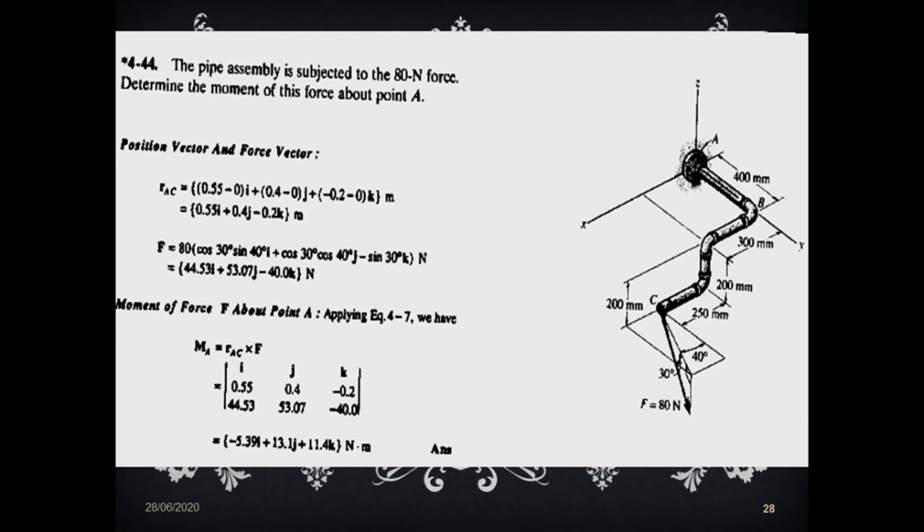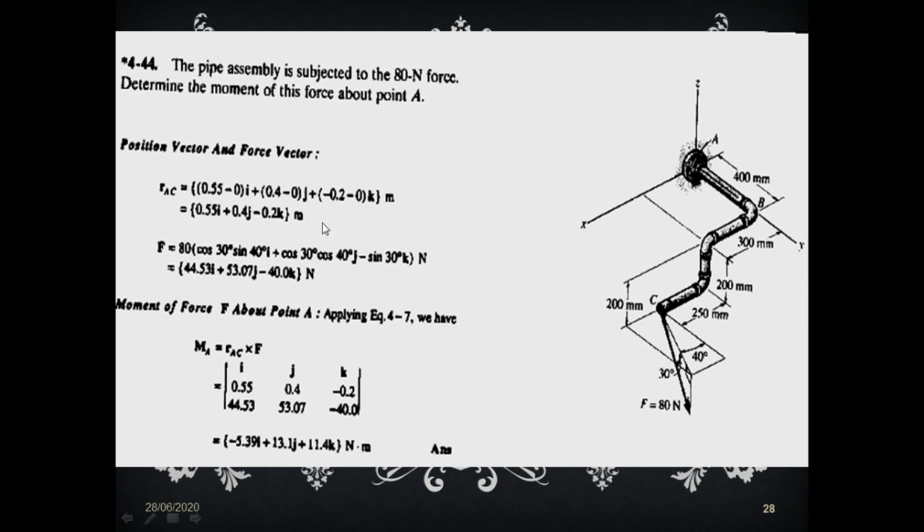That concept is that we need to calculate the coordinates of A, which is going to be 0, 0, 0, and we also need to calculate the coordinates of C. If you look at it from here, along the x-axis it will be 300, and then the straight distance here is 250. So 300 plus 250 will be 550.